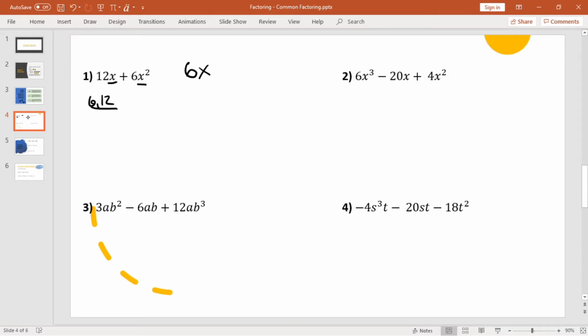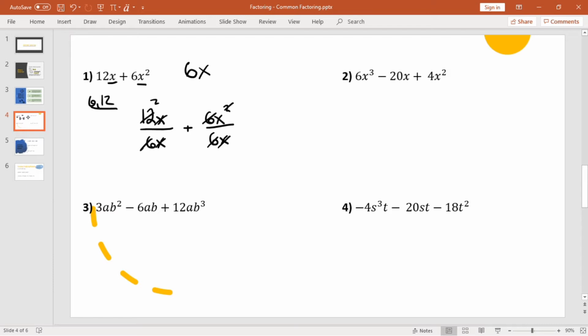My action is, and this is not a step you have to show, I'm basically dividing 12x by 6x and 6x squared by 6x. When I do that, the 6's will cancel, the x's will cancel, and over here I'll have 1x left.